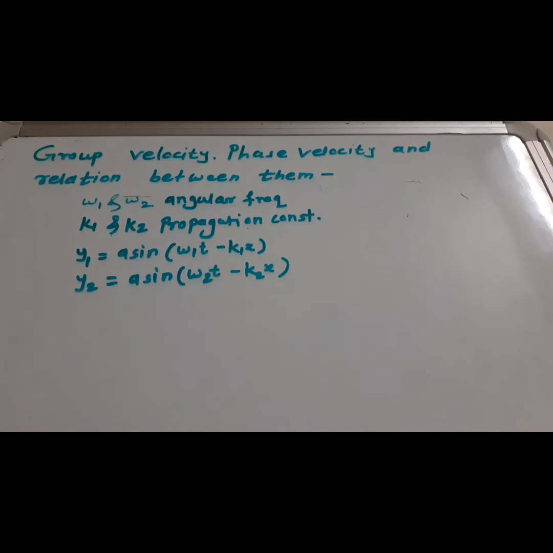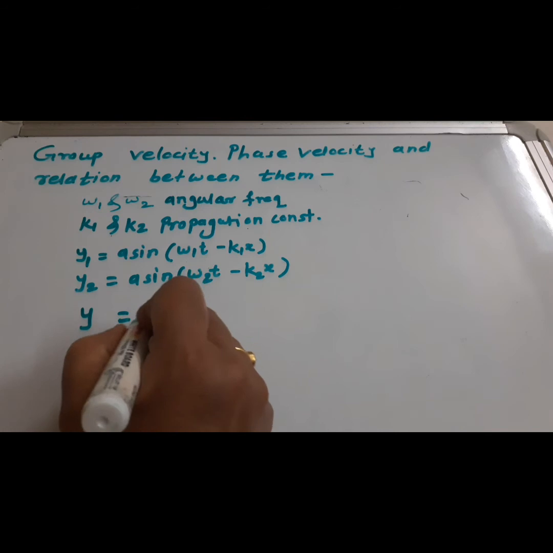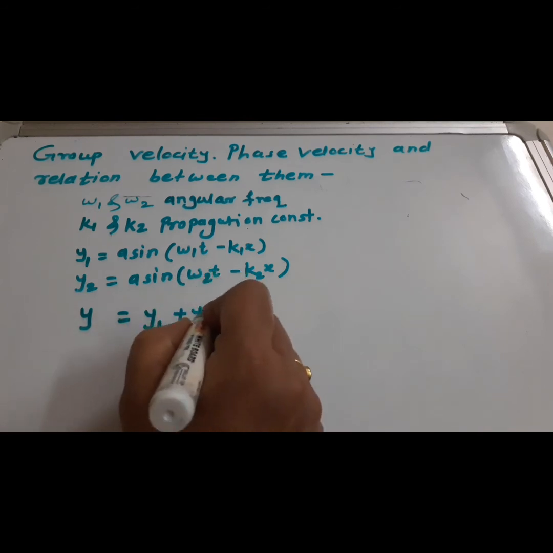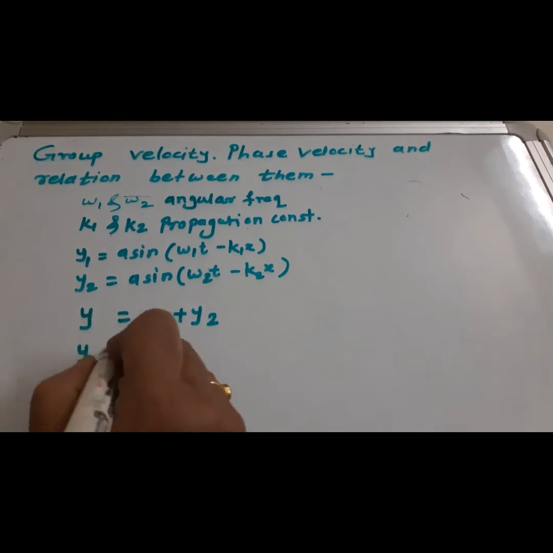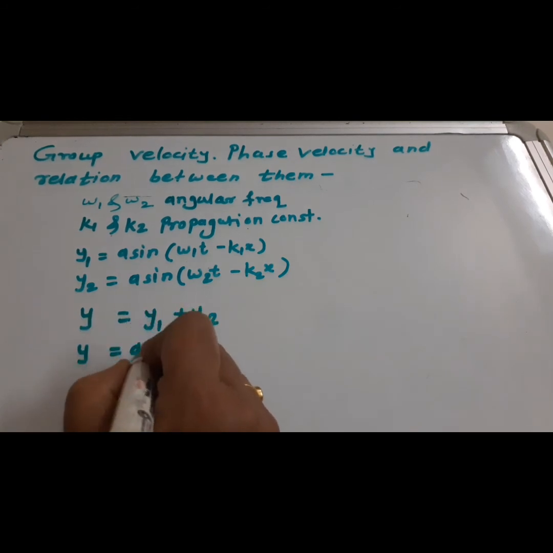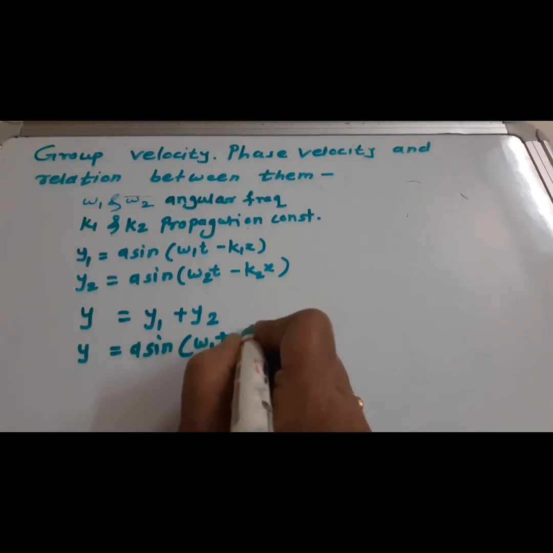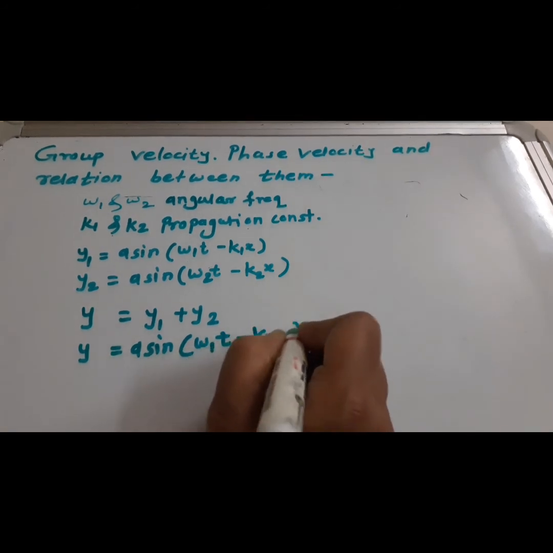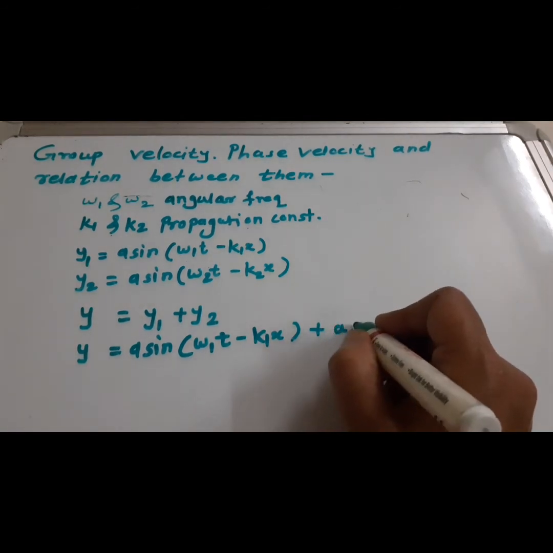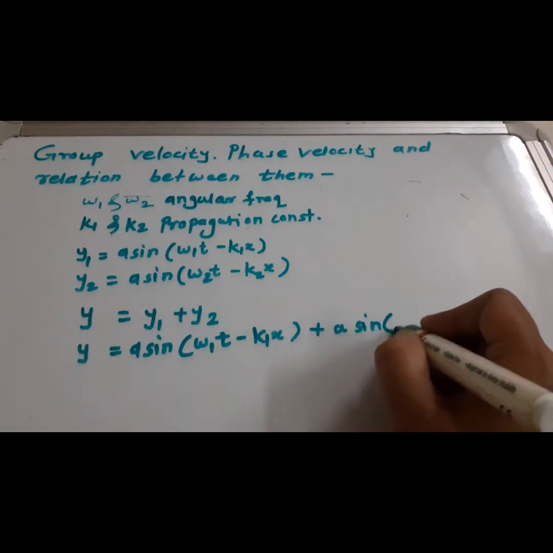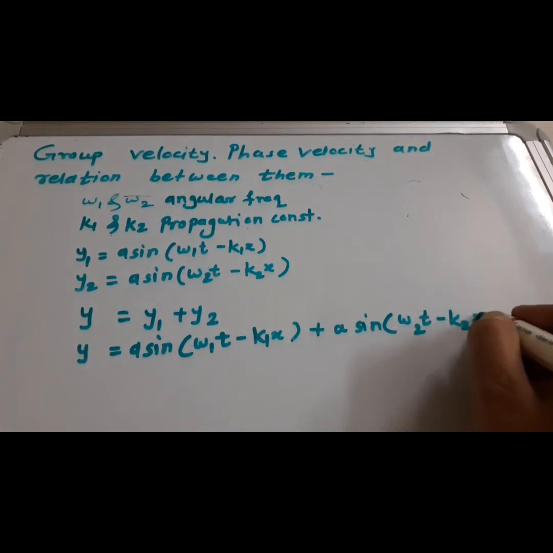Therefore the resultant amplitude y is equal to y1 plus y2, that is y is equal to a sin(omega 1 t minus k1 x) plus a sin(omega 2 t minus k2 x).